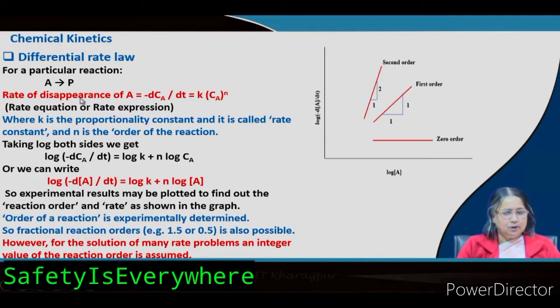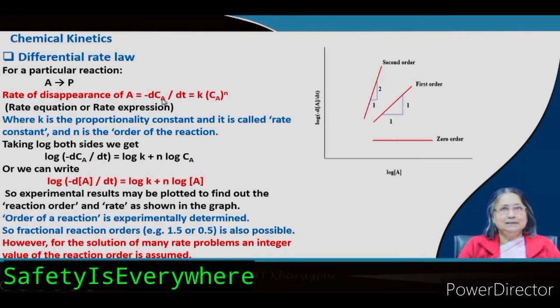We have already got some idea about the rate. Say for example, this is a very simple reaction, A giving P. The rate of disappearance of A, that is the rate of the reaction we can consider, since we are considering the reactant A. Because it is the reactant, a minus sign should be applied.